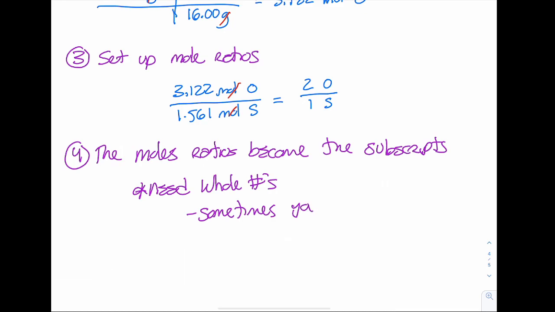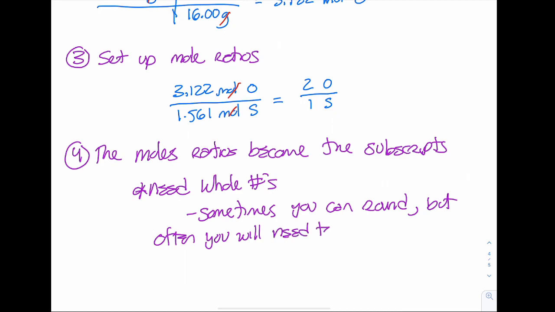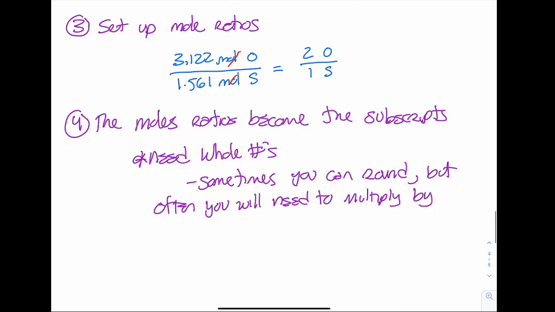Sometimes you can round, but often you will need to multiply by some factor or some multiple. And I will do an example like that. I just want you to have all the steps here.